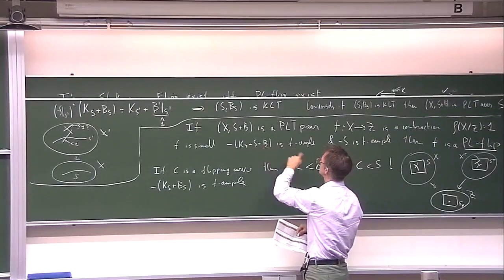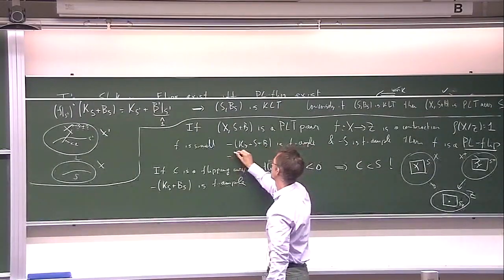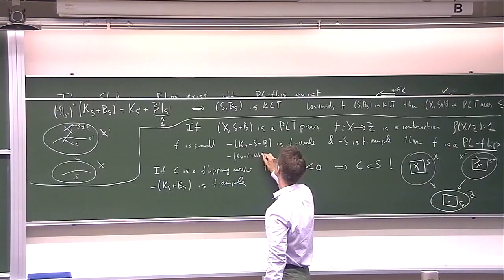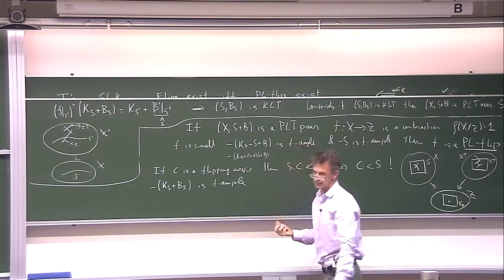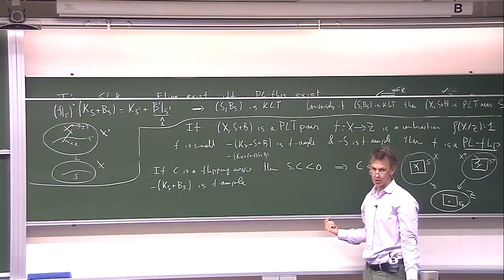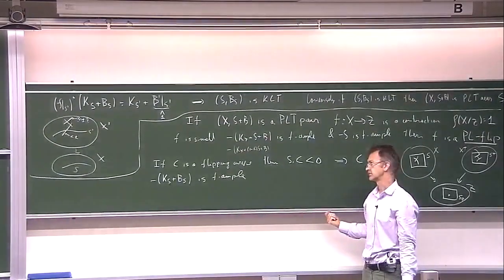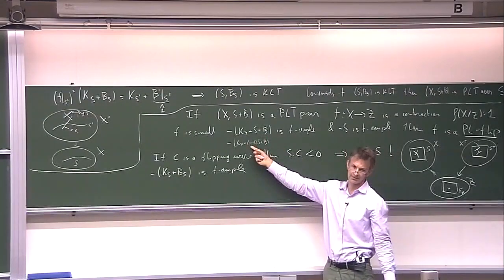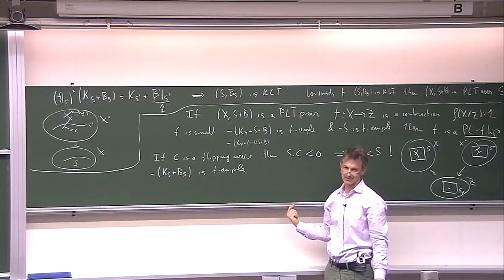Minus KX plus B is F ample certainly implies that minus KX plus 1 minus epsilon S plus B is F ample. Being F ample is an open condition for epsilon sufficiently small. And so I can, instead of flipping with respect to this divisor, flip with respect to that divisor, but it's the same operation.